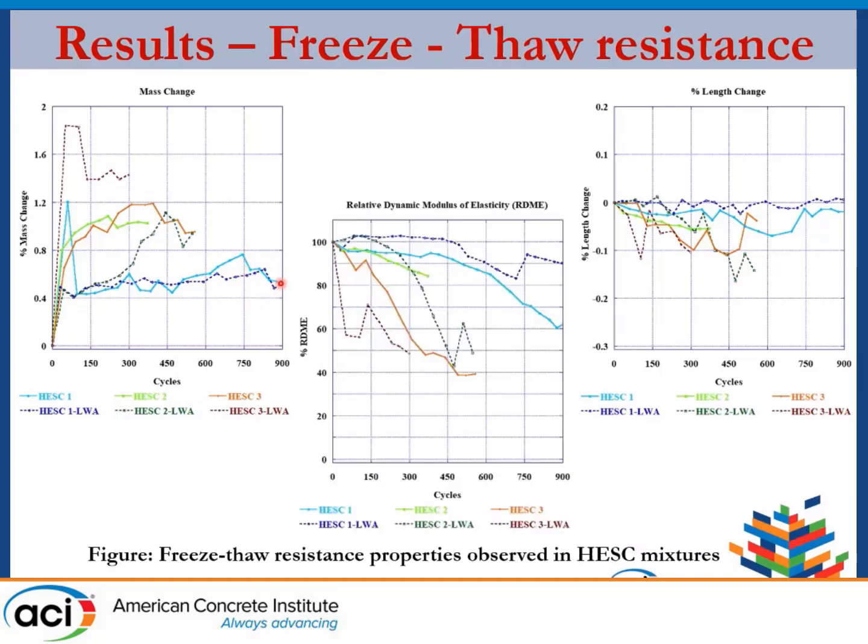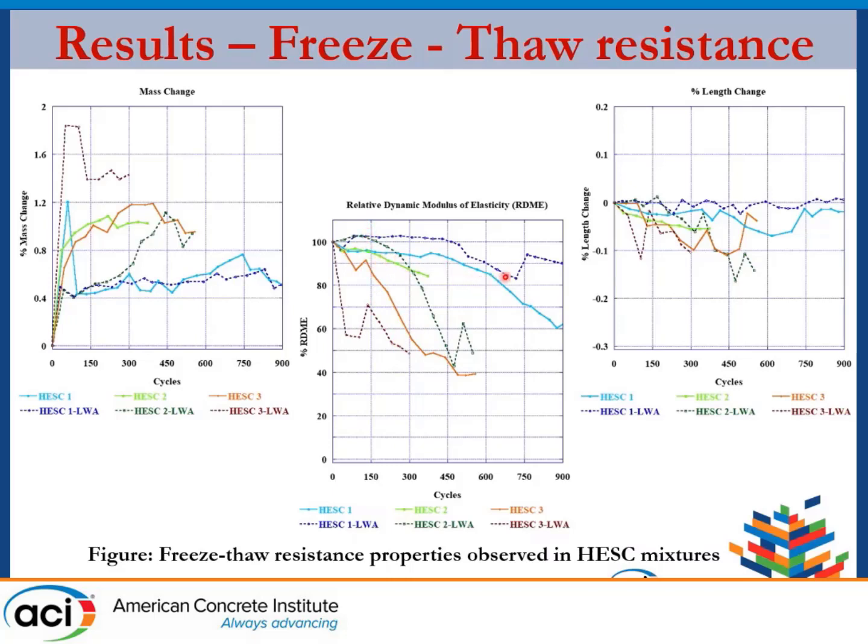Based on the RDME, the drop in the RDME for the HESC3 sample was quite fast, followed by HESC2 and then HESC1.